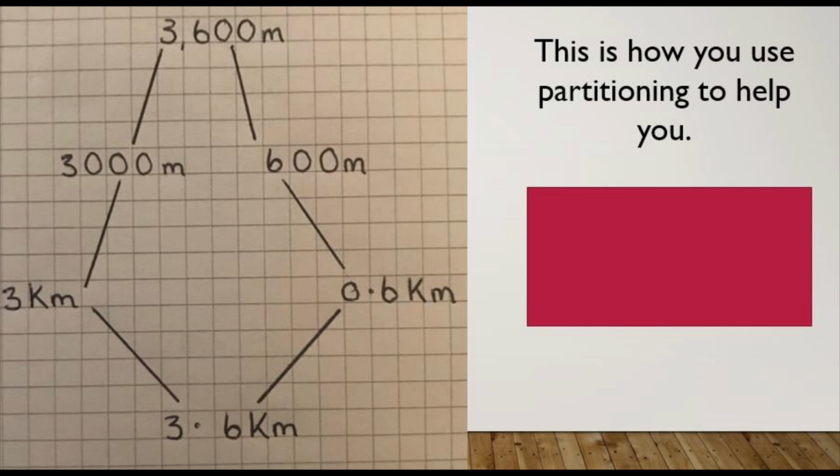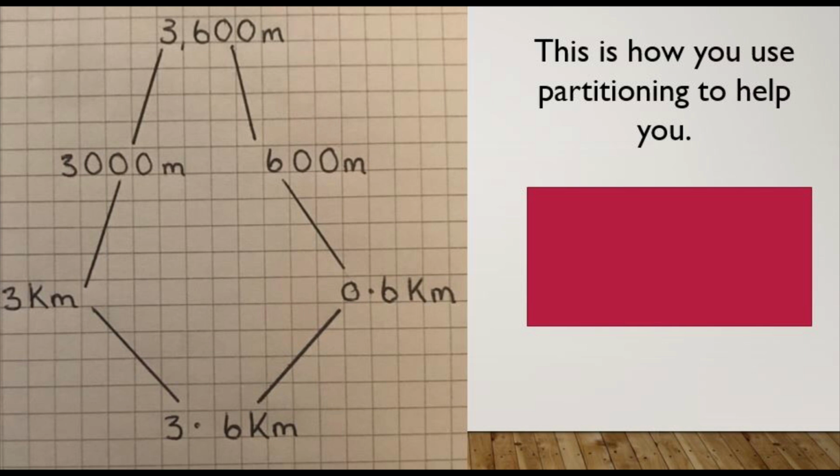Now, I'm going to turn and look at the 600 metres side. Now, I know that 6,000 metres is 6 kilometres, so 600 metres, well, that's 10 times smaller. So my answer is going to be 10 times smaller.